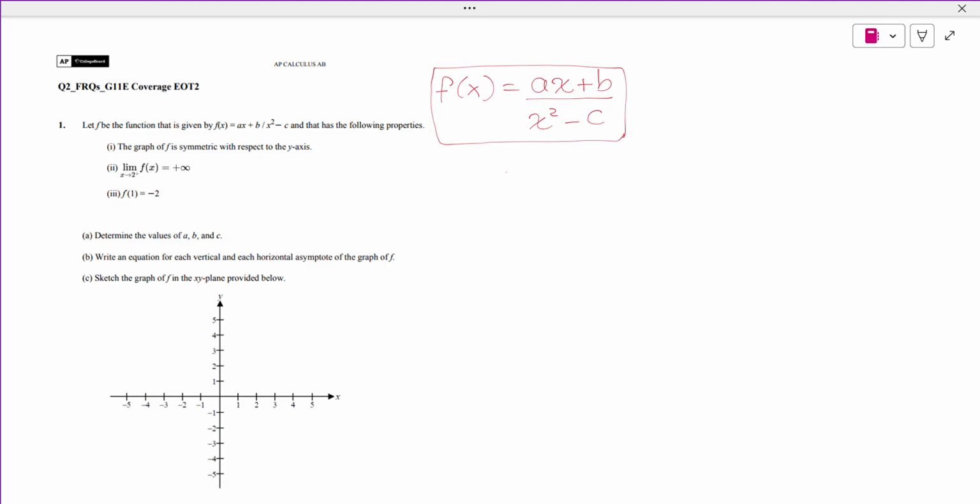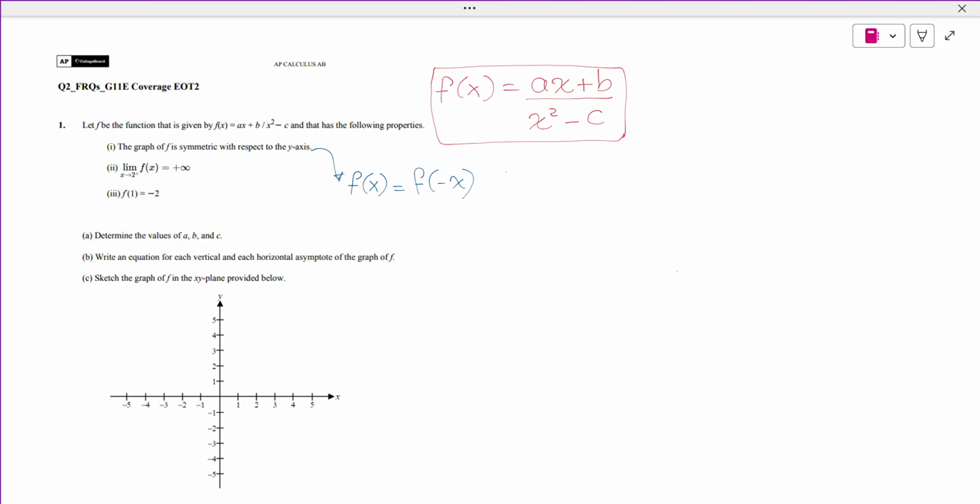That means we can say from this statement that f of x has to be the same as f of minus x. What does that mean? It means that the function value of any x on the positive x-axis must be the same as the function value of the same x value but on the left side, right?